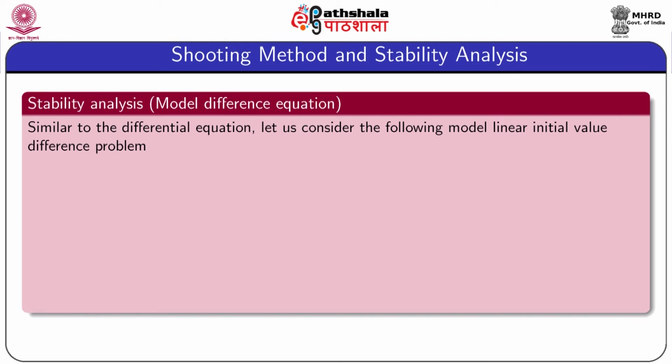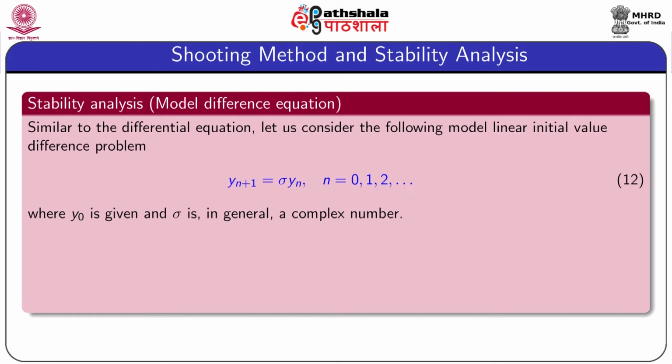Similar to the differential equation, let us consider the following model linear initial value difference problem. That means y(n+1) equal to sigma into yn, where n equal to 0, 1, 2 and so on. Here y0 is given, that means this is called the initial condition for y, and sigma in general is a complex number.